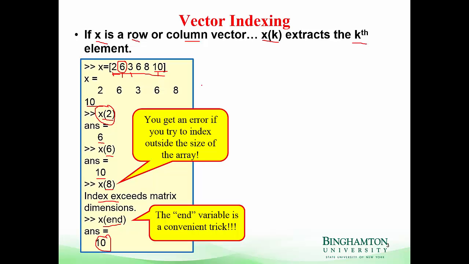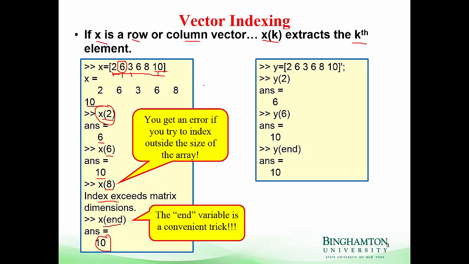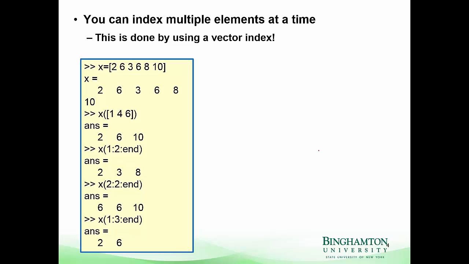But end is very convenient to use. Here I've put a transpose, so y is a column vector, and you can see that everything works exactly the same. I don't have to have any different syntax, whether it's a row or a column vector.